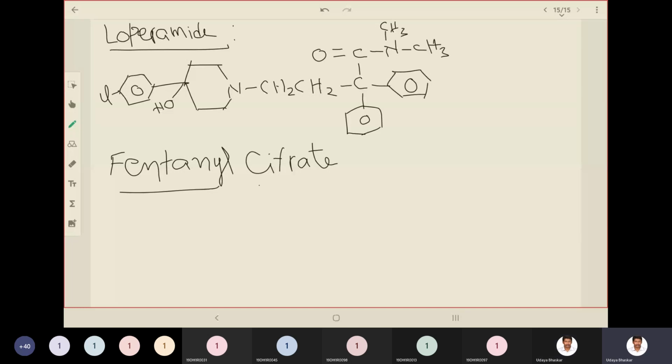Fentanyl citrate. I'll show you the salt of citrate. Please observe the changes here. Here you have nitrogen. First, I'll write the substituent.